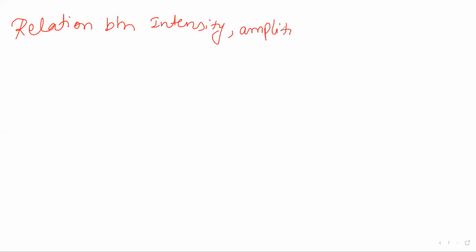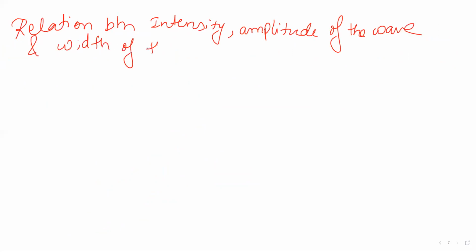Fine. Now the next topic: relation between intensity, amplitude of the wave and the width of the slit. Not width of the slide, take it as width of the slit.